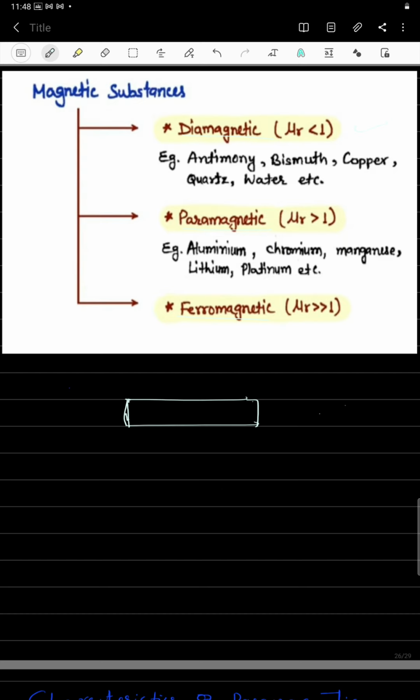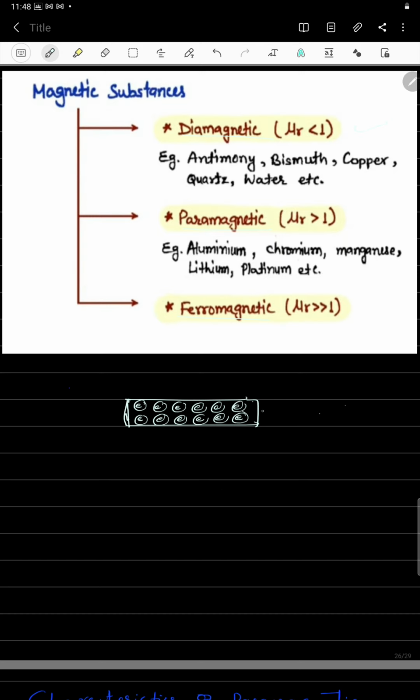And we'll tell which material we are taking as an example: diamagnetic, paramagnetic, or ferromagnetic. How can we say the magnetic property, and in which category it belongs? It depends on the type of the material. In the dipole, if the electron revolution is in a perfect manner, then we can say the material is 100% a magnetic material.